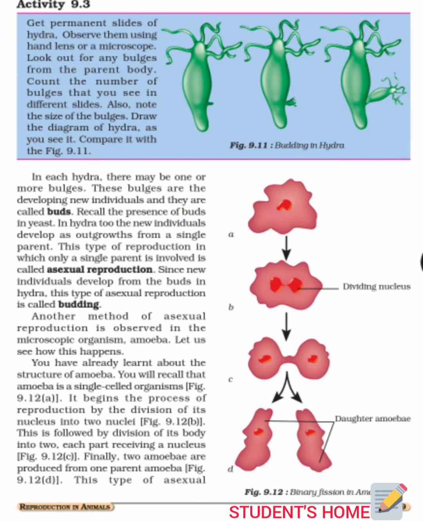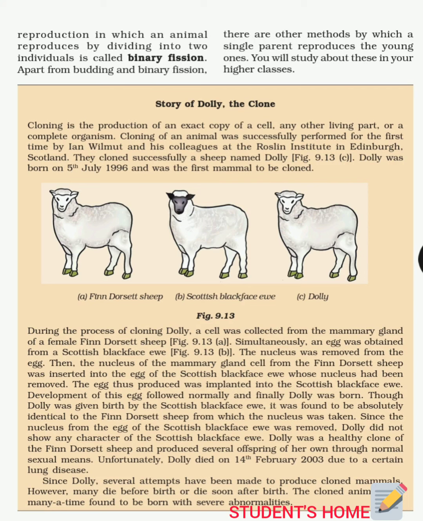Finally, two amoebae are produced from one parent amoeba. This type of asexual reproduction, in which an animal reproduces by dividing into two individuals, is called binary fission. Apart from budding and binary fission, there are other methods by which a single parent reproduces the young ones.